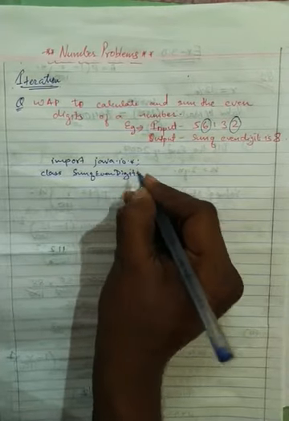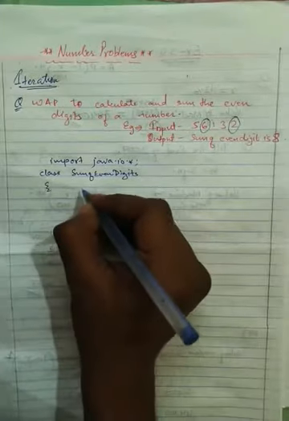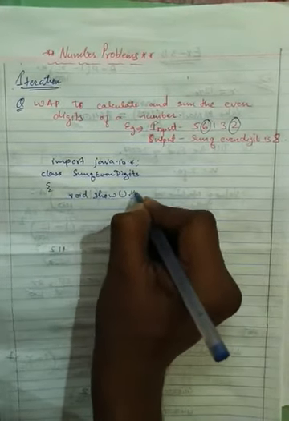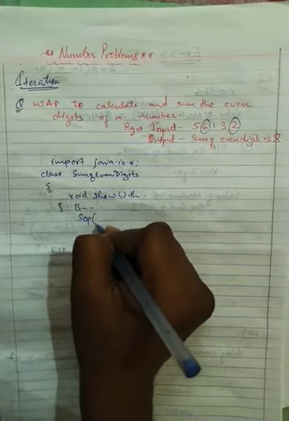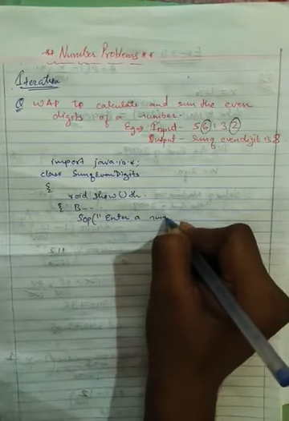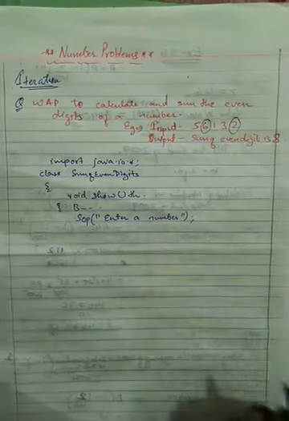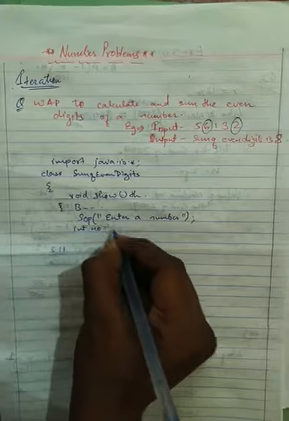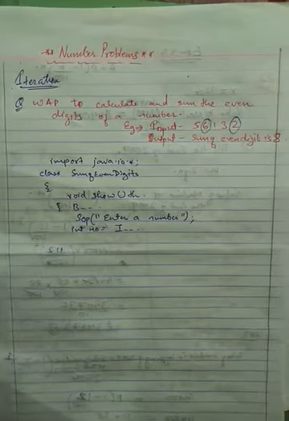Now in this we have void show() throws Exception, BufferedReader, and System.out.print, enter a number. You ask for a number from the user so that he can input this number 563132. So int no = Integer.parseInt(br.readLine()). Okay, so the number we have got.